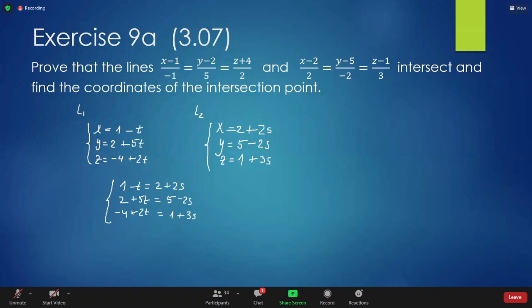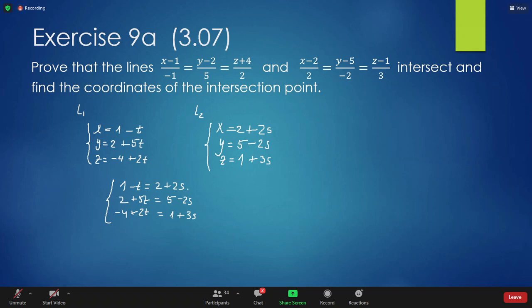Which means that we can, for example, find the 2 variables from 2 equations, but we must check them in the third equation. We need to check that the same values of s and t work in all 3 coordinates, in all three equations.